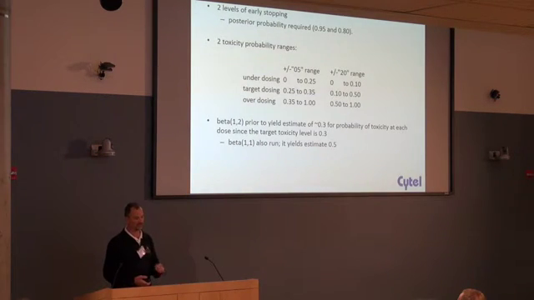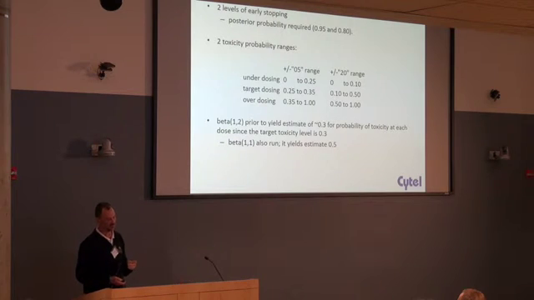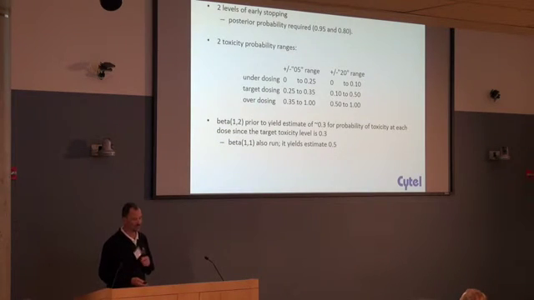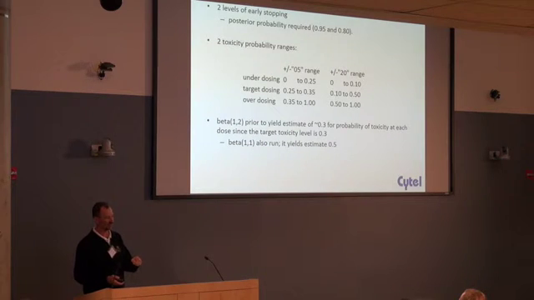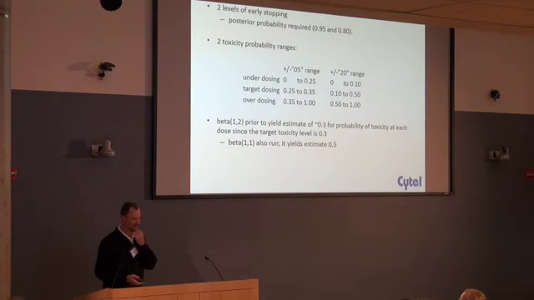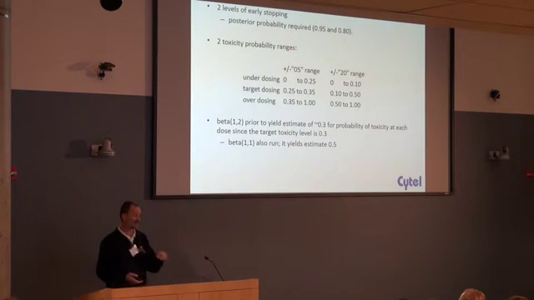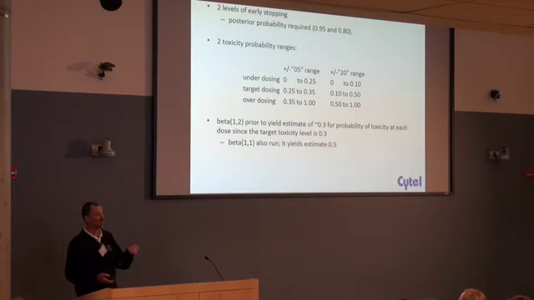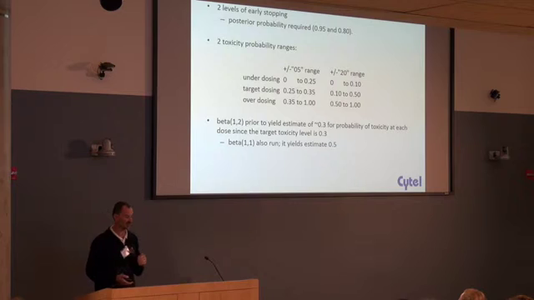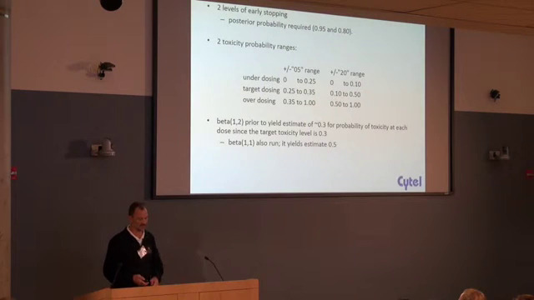I required a 95% or an 80% probability for excluding a dose. And then I widened the range around the target dose. And then instead of using a beta 1,1 prior, I set the prior to be right at the target toxicity level, to influence the estimation around the target toxicity level.